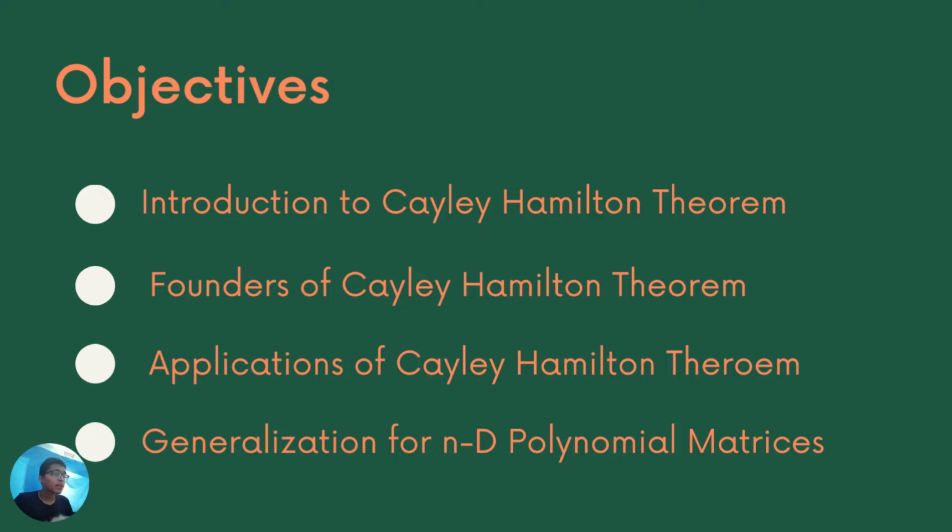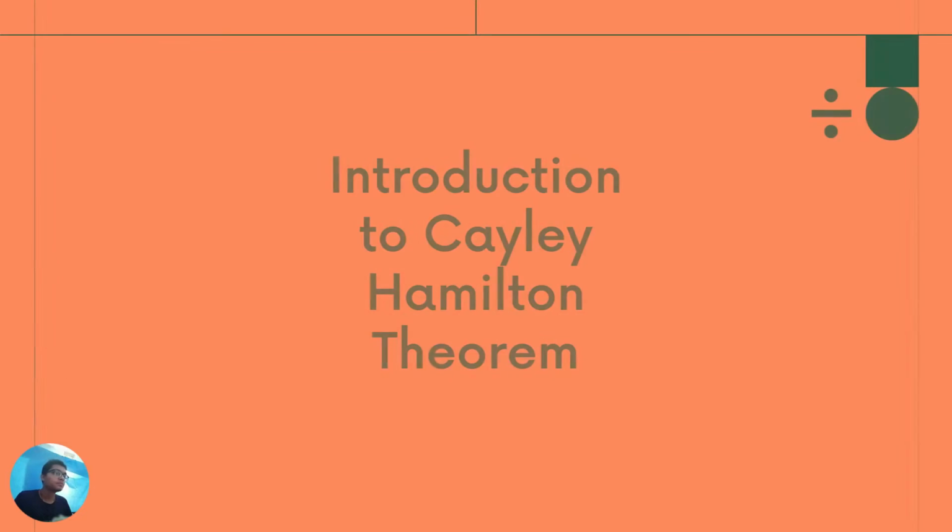Next, application of Cayley Hamilton theorem. So where do we use this Cayley Hamilton theorem? We must know. Then we will be capable enough to understand the generalization for ND polynomial matrices using Cayley Hamilton theorem. So let's move on to our first objective, which is introduction to Cayley Hamilton theorem.